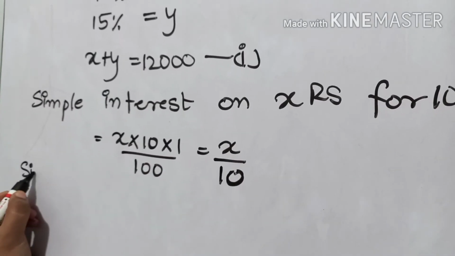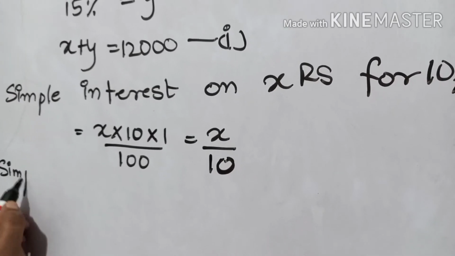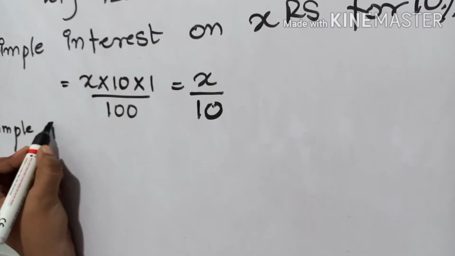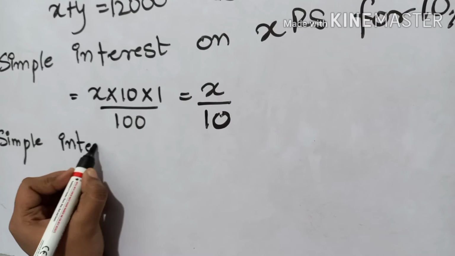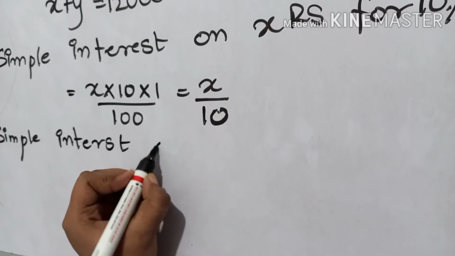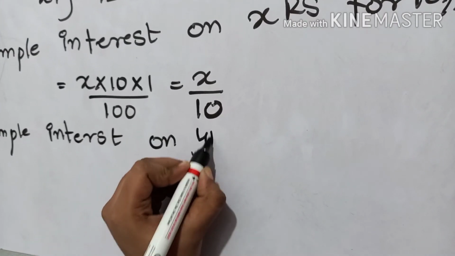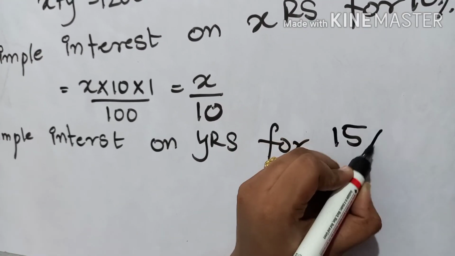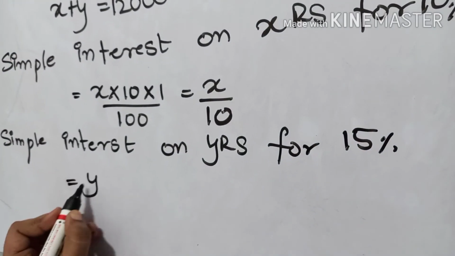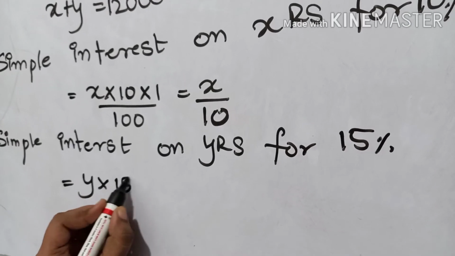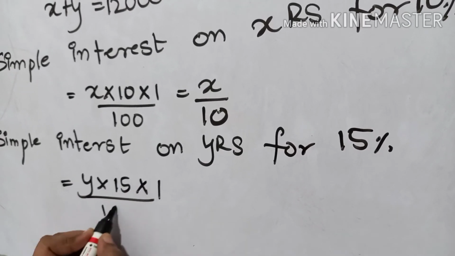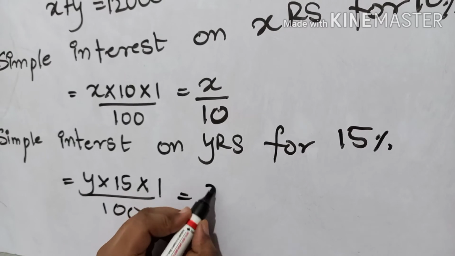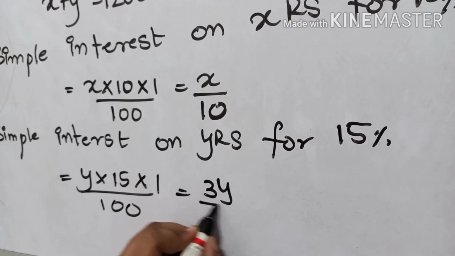Now simple interest on y rupees for 15%, that is y into 15 for 1 year by 100, that is 3y by 20.